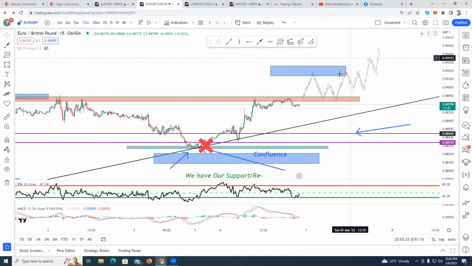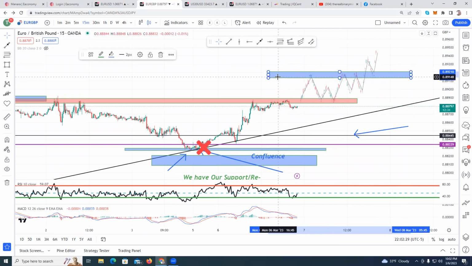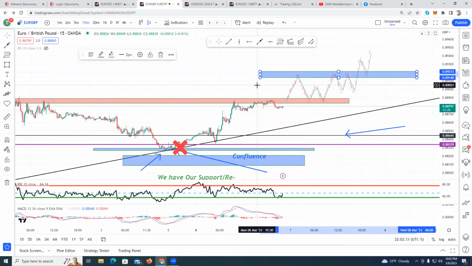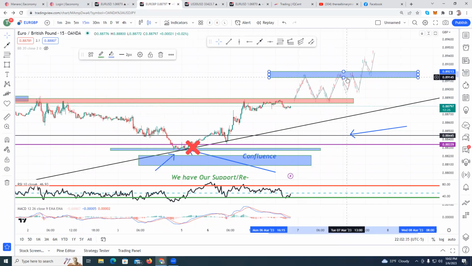Okay. So we might see something like that, right? Where we have price break structure, push up to a resistance, push back down to our support.